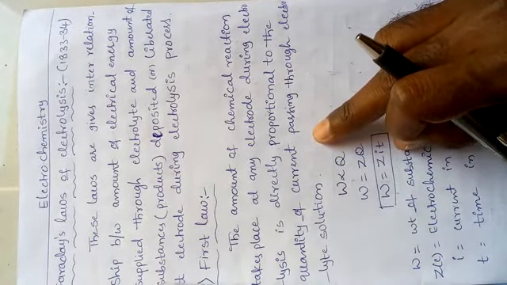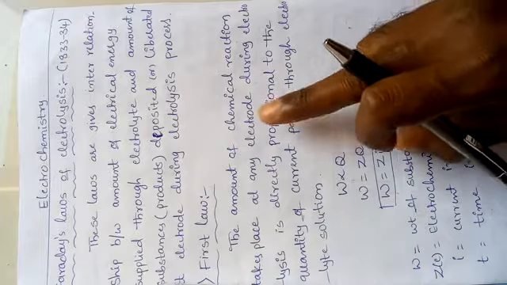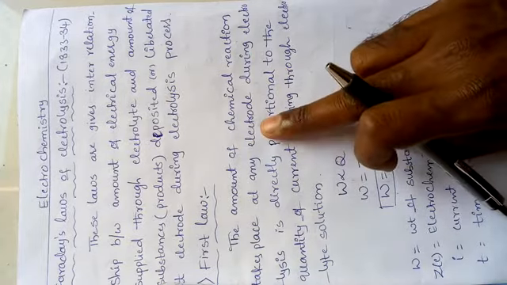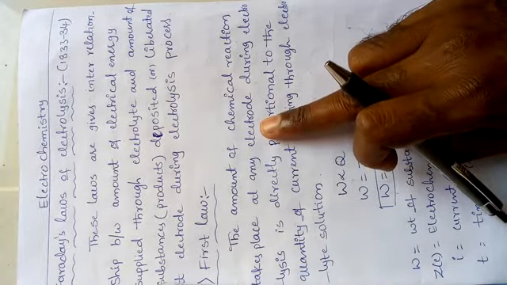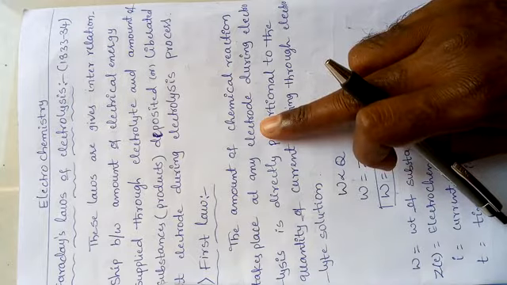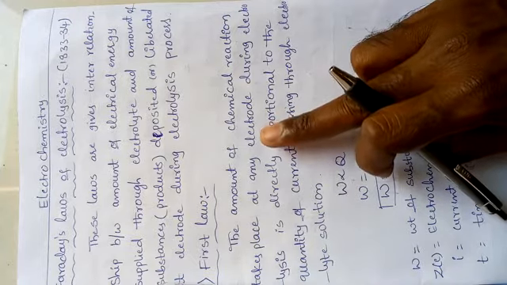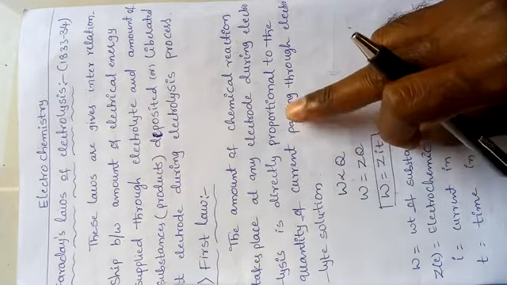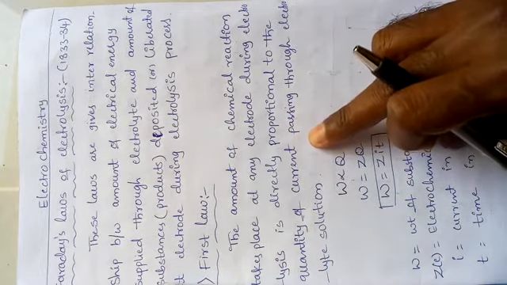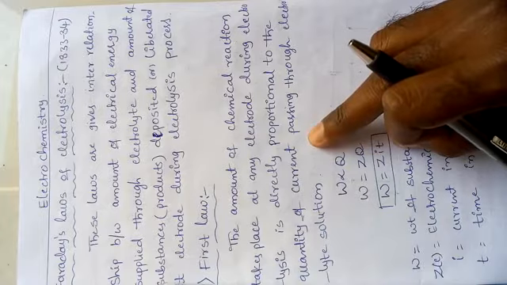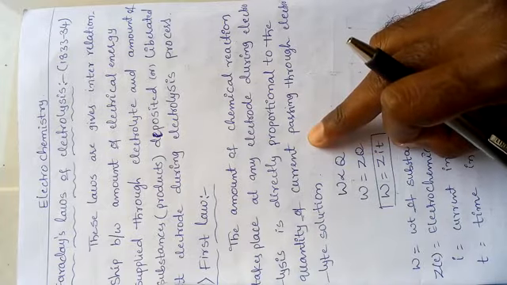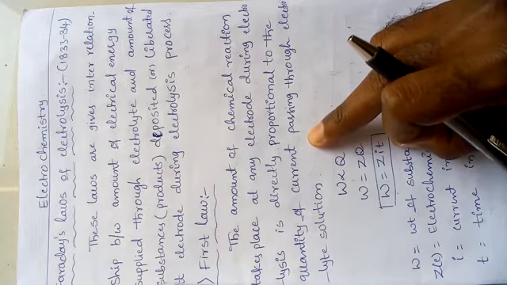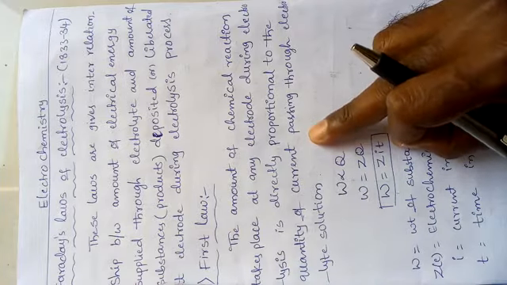Clearly understood, students? That means the amount of substance deposited at an electrode is directly proportional to the quantity of current passing through the electrolyte solution. If you pass more current, the product released at the electrode is more. If less, it is also less. That is the directly proportional relation.